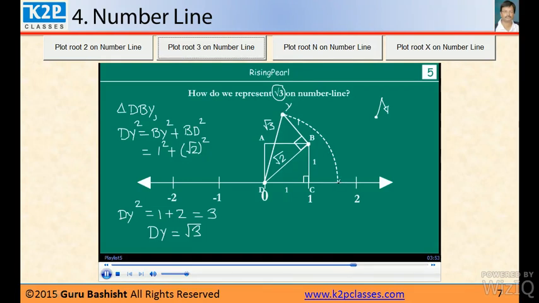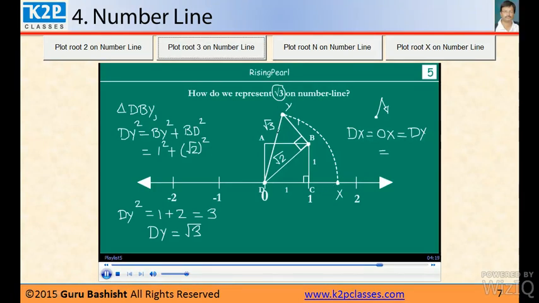So the arc will cut the number line at some point, let us call it X, and then the length OX, or DX, is equal to DY. Why? Because we have drawn an arc with the same radius, right?